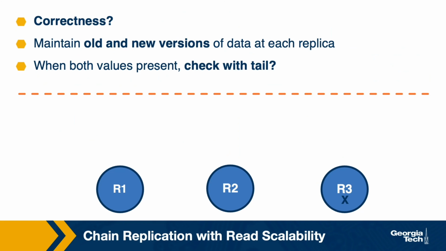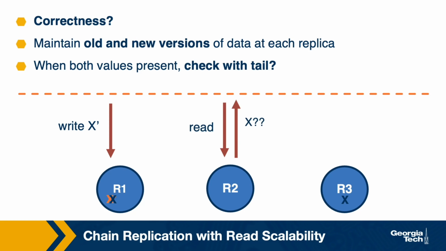You can probably immediately see that there is a potential issue with this kind of technique, allowing different replicas to see the reads. We said that writes are only committed once they reach the tail replica. Imagine that at the same time there is a write that's issued at the head that's trying to update a value x to x prime.